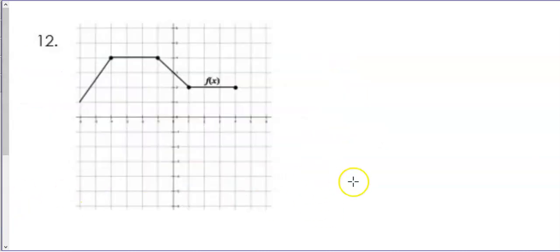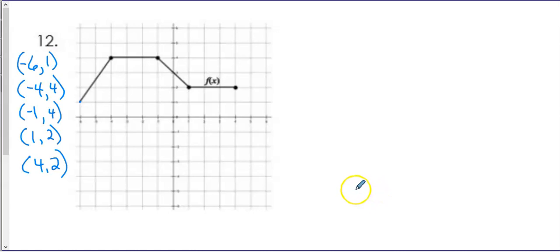And the last one. This one's just got a few more points. To save a little bit of time, I just went ahead and listed those points, and then we can just do backwards. We don't even have to list them again. So 1, -6, 4, -4. These are so hard to see. 1, 2, 3, 4.